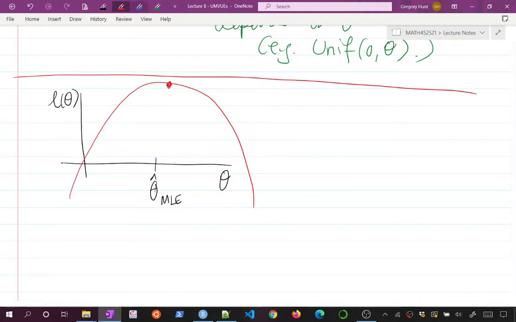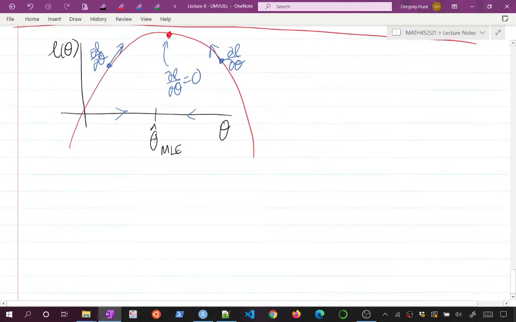And the derivative tells us, if we're not at that maximum, how we move in the theta space, back and forth, to get to the maximum. And at this maximum, definitionally, for as long as our likelihood is differentiable, dL d theta is 0. So that's the first derivative.